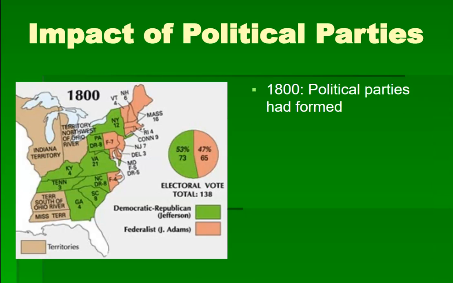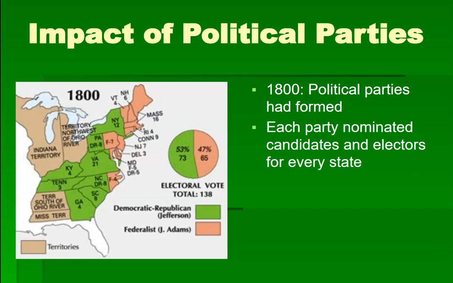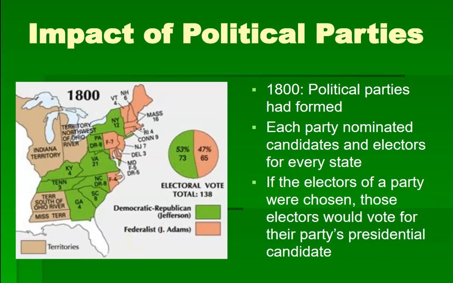Now, by 1800, political parties had formed, and each party nominated candidates, such as Thomas Jefferson here and John Adams, and electors for every state. So there was a set of Democratic Republican electors, and there was a set of Federalist electors in New York and in Vermont and in New Hampshire, and so on and so forth. Now, if the electors of a party were chosen, then those electors would vote for their party's presidential candidate.